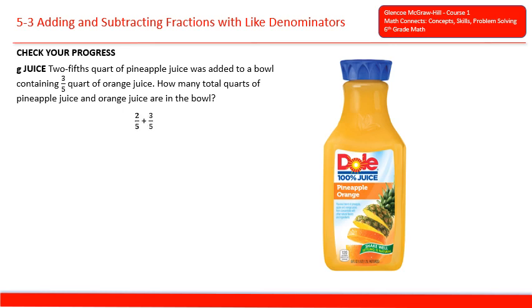So we're going to do addition here, and it's going to be 2/5 plus 3/5. And if we add the numerators, 2 plus 3, and put that over the denominator 5, we'll get 5/5. And once again, 5/5 is an improper fraction, so we are going to divide by the common factor of 5. We get 1/1, which is 1. So there's 1 quart of juice in the bowl.